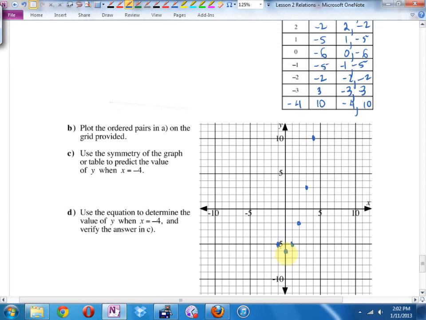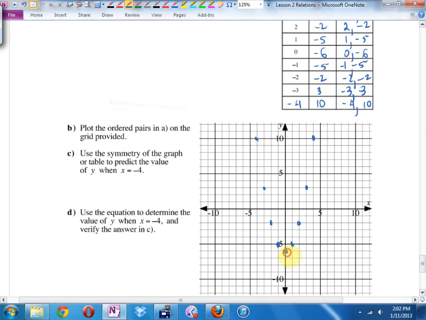Negative 1, negative 5. Negative 2, negative 2. By the way, do you notice this graph is symmetrical? Do you see it, Sam? You can split it right down the middle. In fact, you'll learn next year with a parabola, if you're in a rush, you can just graph half of it and then just yoink, flip the other points across. Yoink, flip the other points across, and that also works.